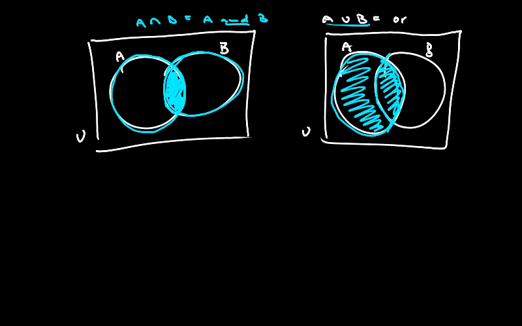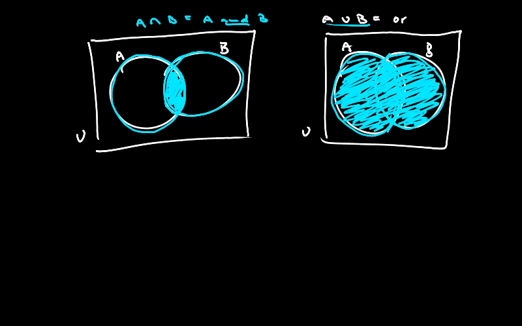So this section is included. And then what about numbers here? Well, they're in A or B, they're in B. So the union of A and B is when we just kind of merge all of these together, and this whole thing is going to be the union of A and B.